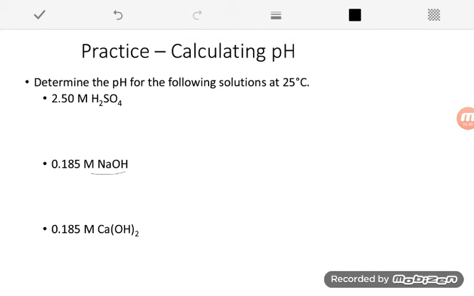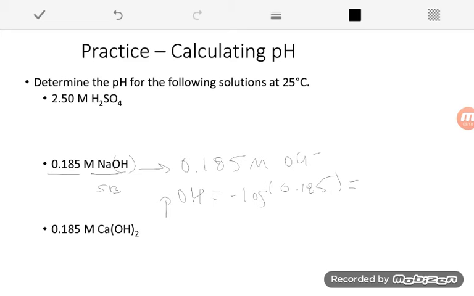All right, next one. 0.185 molar of NaOH. NaOH is a strong base, and there's only one hydroxide here, so I'm going to turn all of this into 0.185 molar OH- concentration. The easiest thing, I think, is to go ahead and get the pOH initially, which is the negative log of that 0.185, because all of that sodium hydroxide turned into OH-.